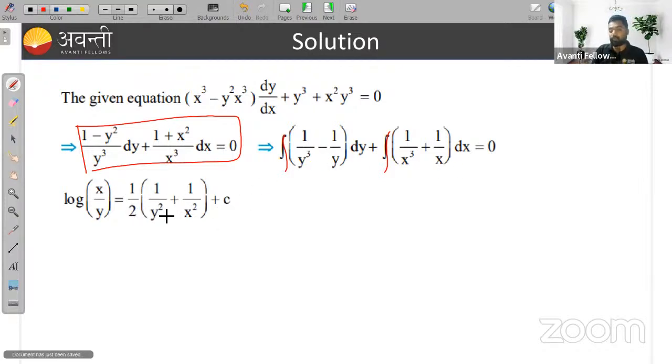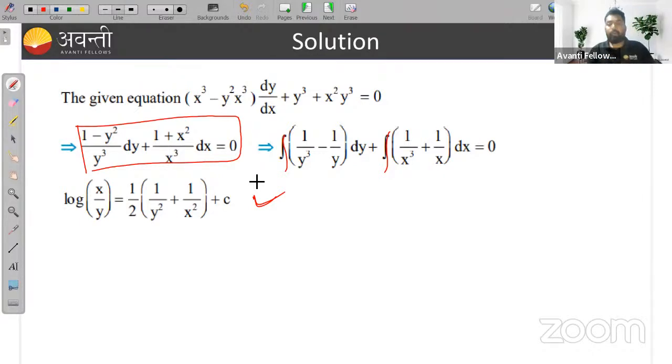So 1 by 2 into (1 by y square plus 1 by x square). And by integrating 1 by y, we get ln y, and by integrating 1 by x, we get ln x. So ln x minus ln y will be ln of x by y. So this is your solution of the last example of this concept test.